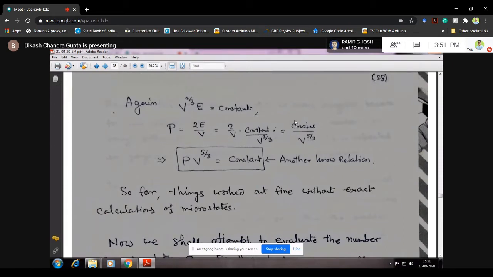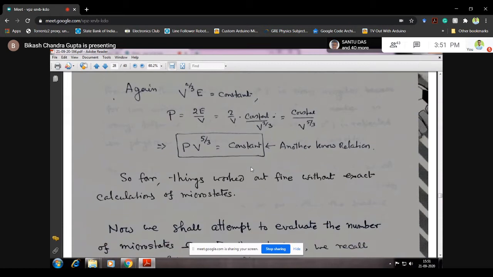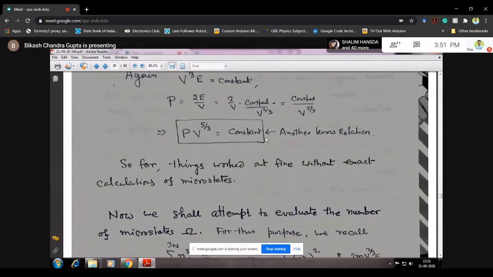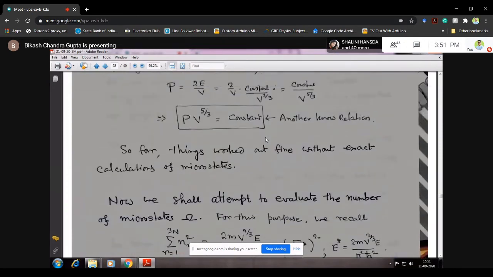Everything will be a constant by V to the power 5 by 3. And if you cross multiply, then P V to the power 5 by 3 equals constant. This is also known for an adiabatic process, P V to the power gamma is constant, because in this case gamma is 5 by 3.